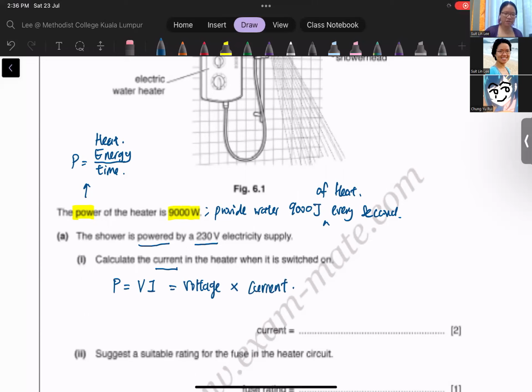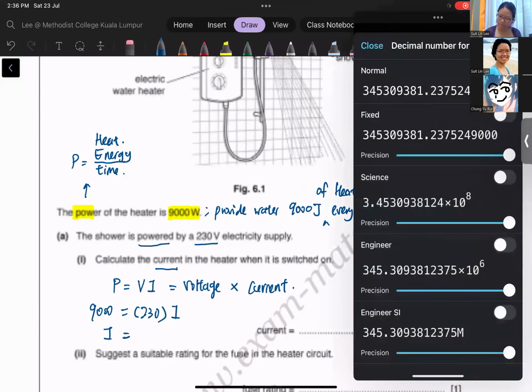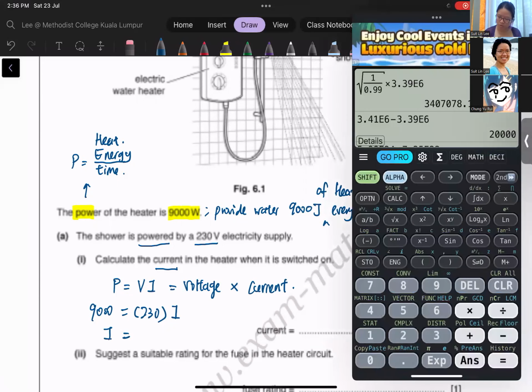VI, victory, a lot of current. Anyway, this is 230, this is 9,000, I, and we can calculate I. 39.1 ampere.